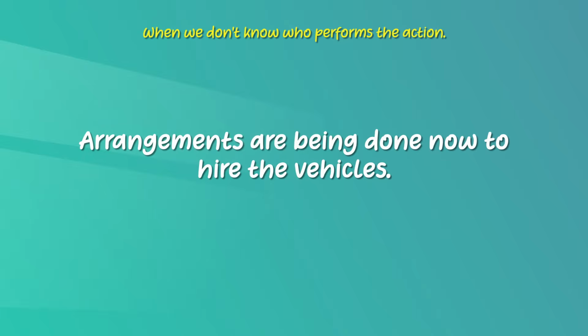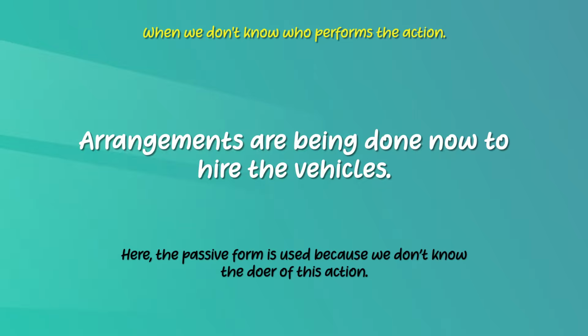Now this is the second situation. We can use the passive when we don't know who performs the action. Look at this example. Arrangements are being done now to hire the vehicles. Here the passive form is used because we don't know the doer of this action. Now the third situation.